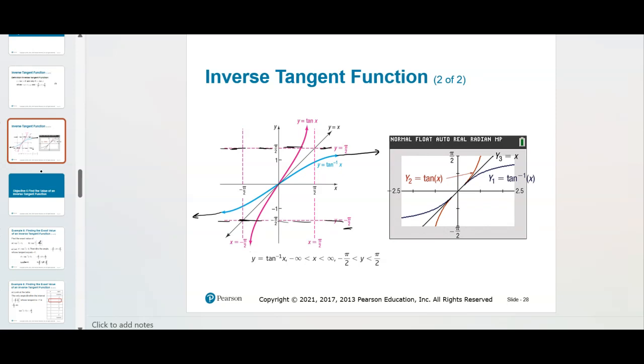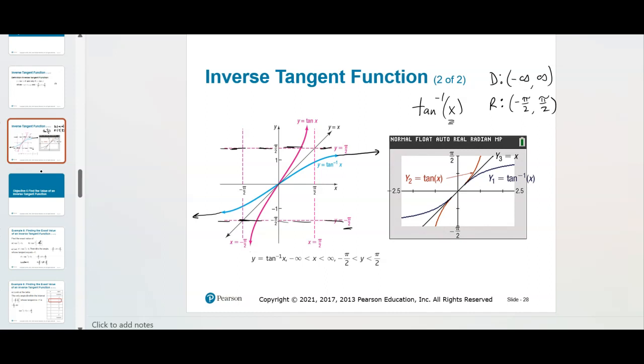And this is what we call a one-to-one function, meaning we never hit any y coordinate twice. And so what's mind-blowing about the inverse tangent function is it takes in all real numbers. So the domain is all real numbers, and it outputs something from negative pi over 2 to positive pi over 2, and it's completely unique, meaning it's one-to-one.